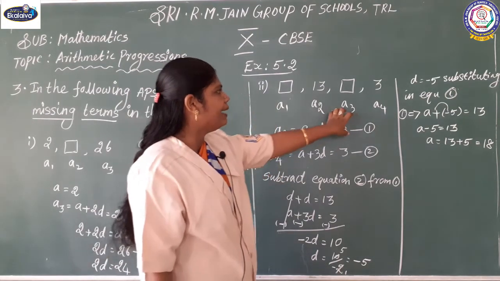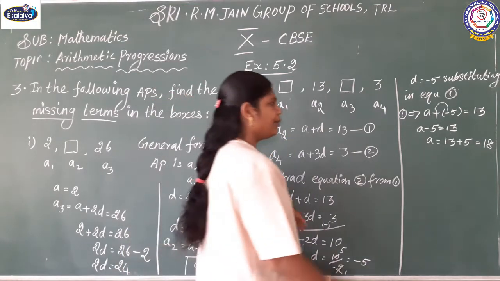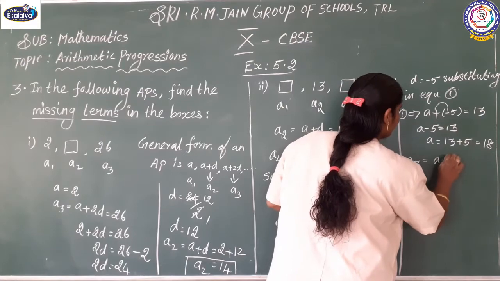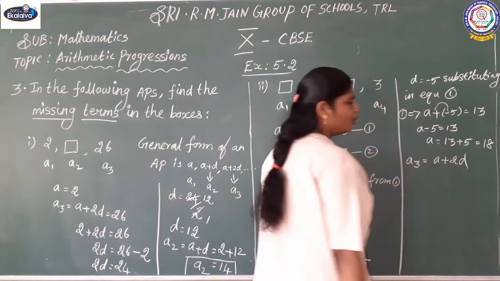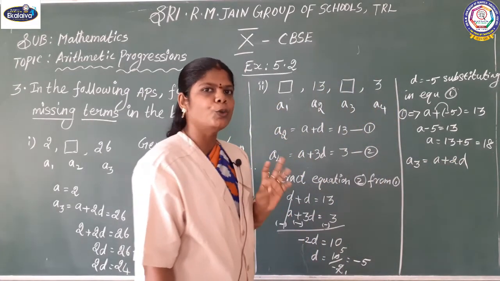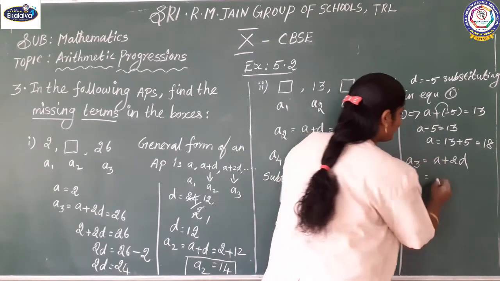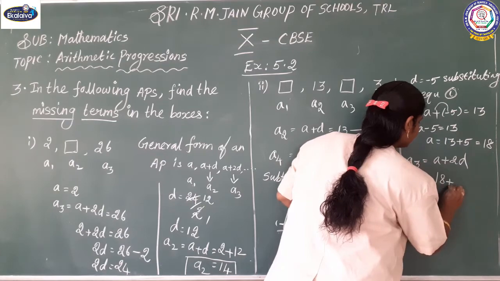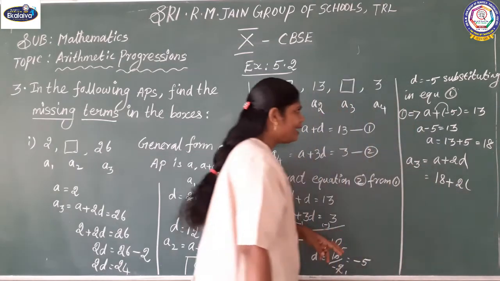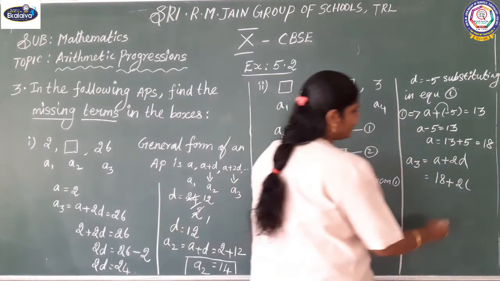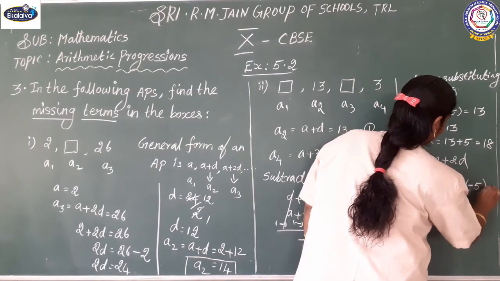Next we need to find out the third term. Okay, so third term, how can you write this? A3 equal to A plus 2D. What is that? A plus 2D. Okay, here you substitute A equal to 18 plus 2 into D value. What is the D value, children? Minus 5. You substitute here minus 5.